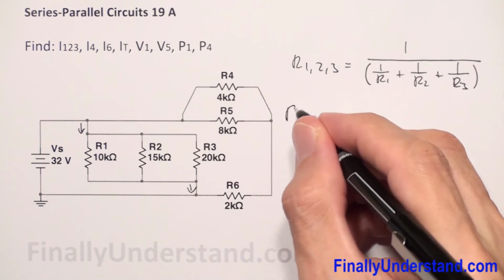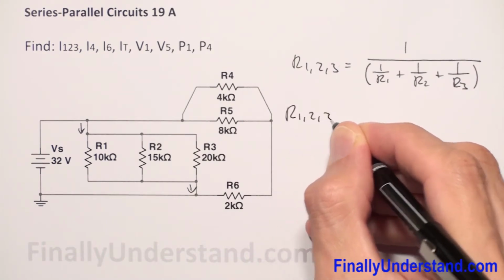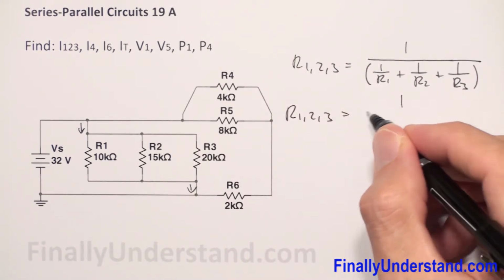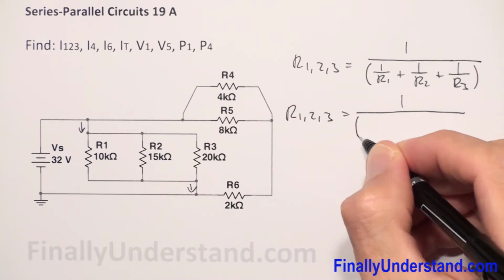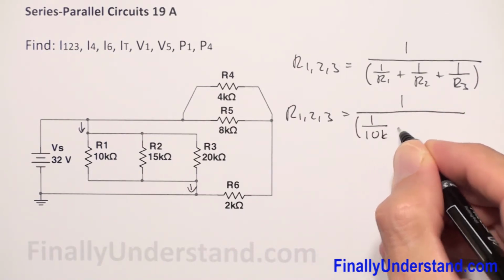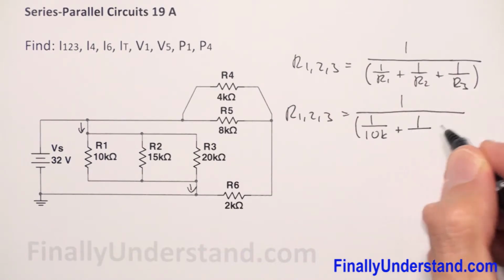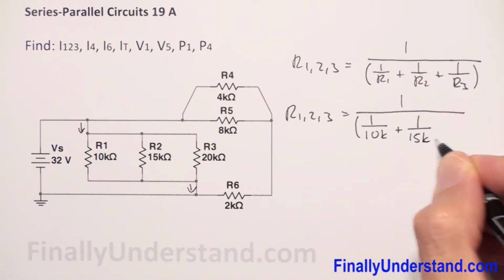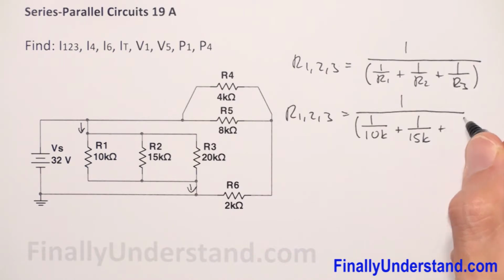So I have R1,2,3 is equal to 1 divided by, open parenthesis, 1 over 10k plus 1 divided by 15k plus 1 divided by 20k.